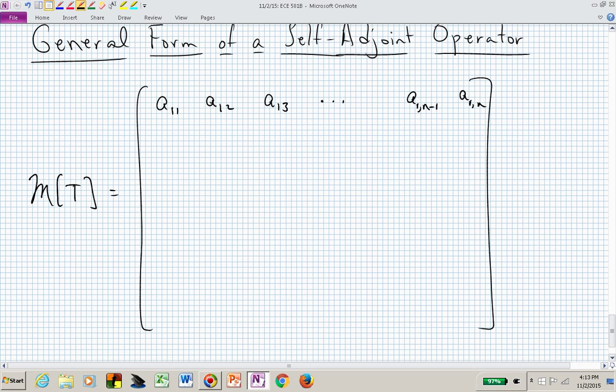We know that along the diagonal, we can have unique numbers, and we'll basically say what we need on those.